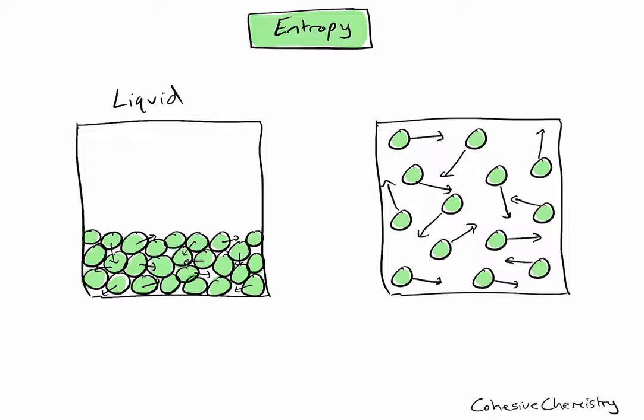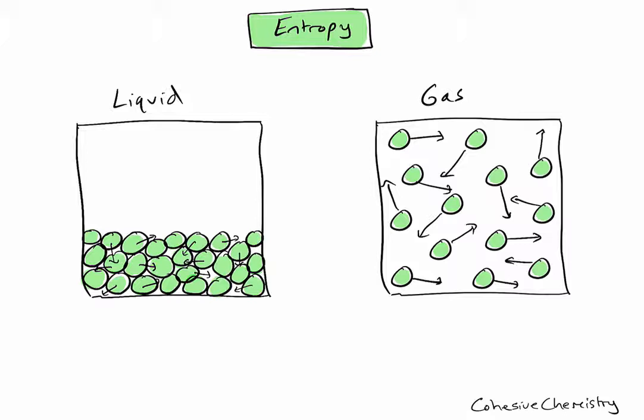This means there will be fewer possible arrangements of those particles in that space. In my gas, my particles are moving much faster and can also move around the full volume of the container they're in. This means there will be a much greater number of arrangements possible of those particles inside their container.